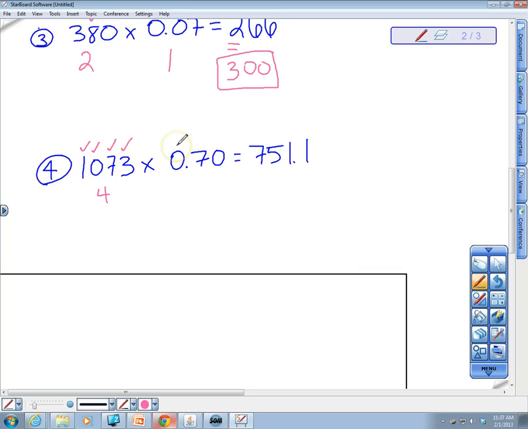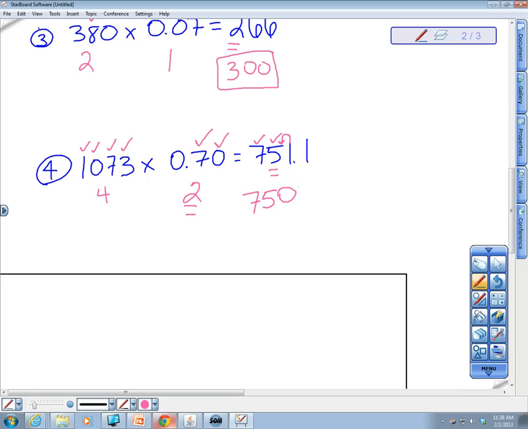Leading zero, that's not significant. Non-zero, and this is a trailing zero, and since I have this decimal, it is significant. So that gives me 2 significant digits. How many significant digits should my answer have? It should have 2. 1, 2. I need to leave that in the tens place. The 1 tells me that I can round down.